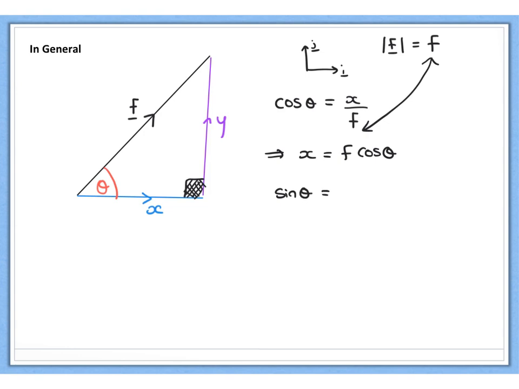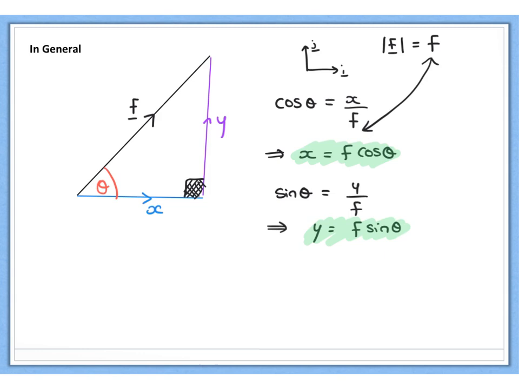Sine theta is equal to Y over F. So rearranging that, Y is equal to F sine theta. And that's what we should try and aim to do each time without using these steps here. We need to aim to get ourselves into a position where we can just say X is equal to F cos theta and Y is equal to F sine theta.